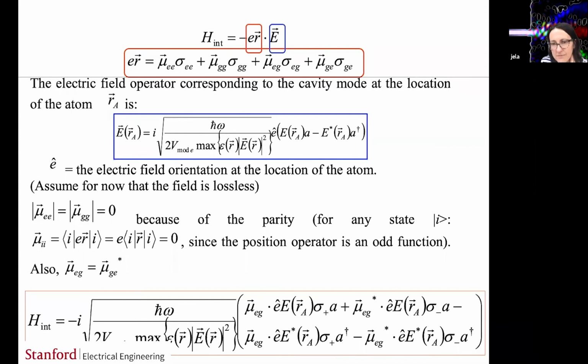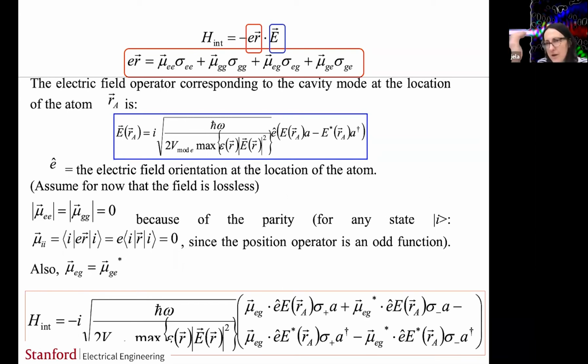What are these? Okay, mu EG, mu GE, and I wrote mu GE as mu EG complex conjugate. That's always the case, right? Because remember, what are mu EG and mu GE? These are inner products between, for mu EG, the excited state, ER and the ground state, and mu GE would be ground state, ER, excited state.